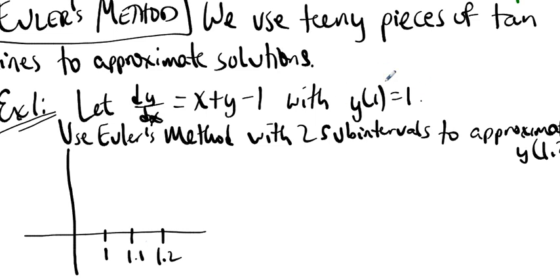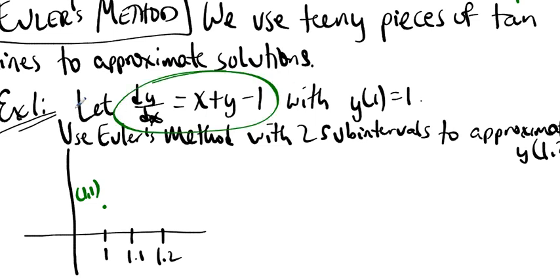The function is 1 at 1. So maybe this is the 0.1 point. Since the function is not much different than its tangent line in a very small area, we're going to draw in that little piece of tangent line. What is the slope of that little piece of tangent line?